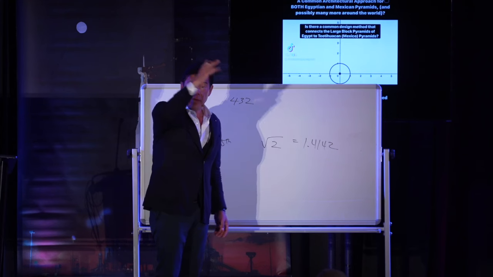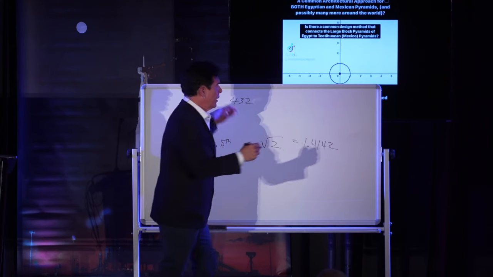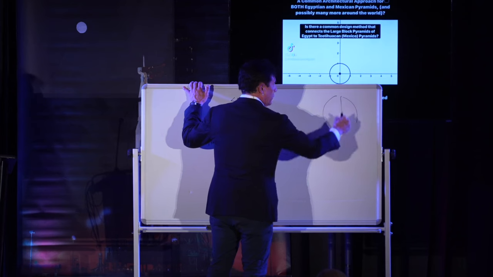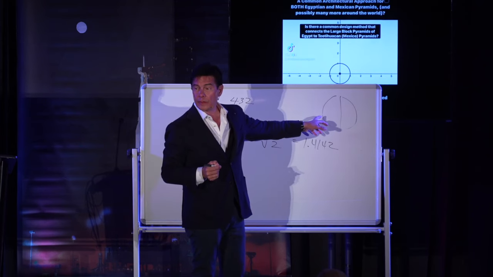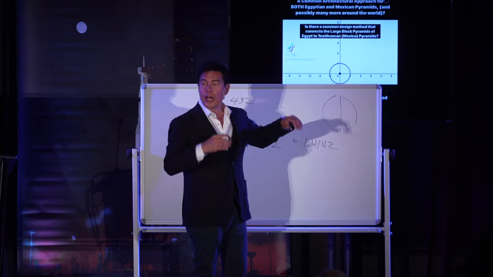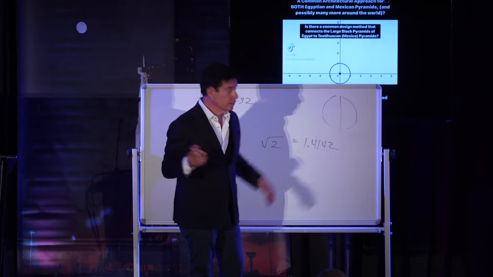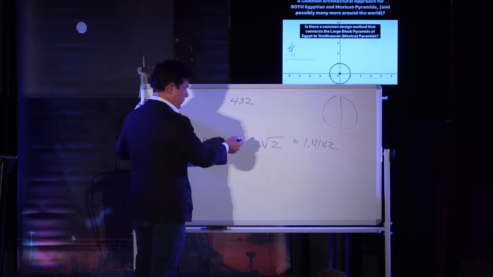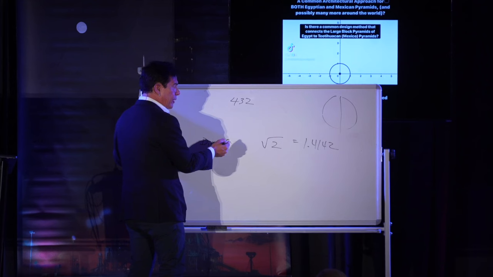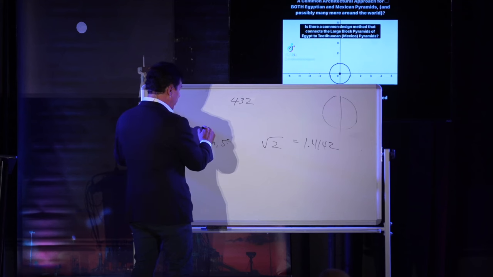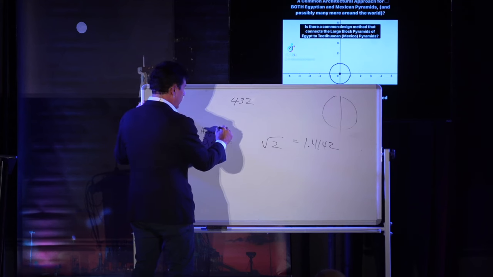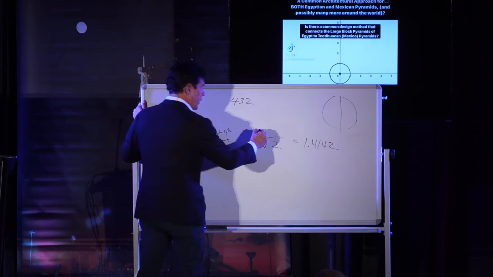1.4142. Imagine you start with a circle and you cut that circle right down the middle. The way you cut it is with the square root of 2. It literally forms duality. Think of this whole circle as an octave of expression. From there, we have the diminished fifth, but we can also take this to give us the augmented fourth. The augmented fourth is the same value as the square root of 2.